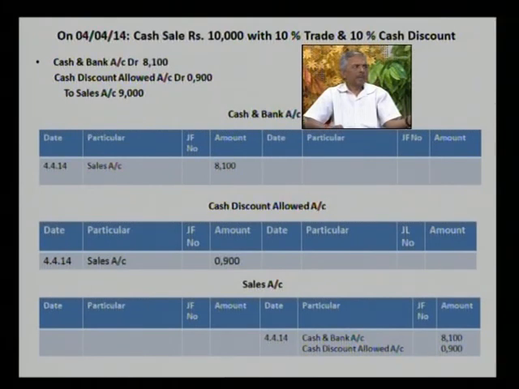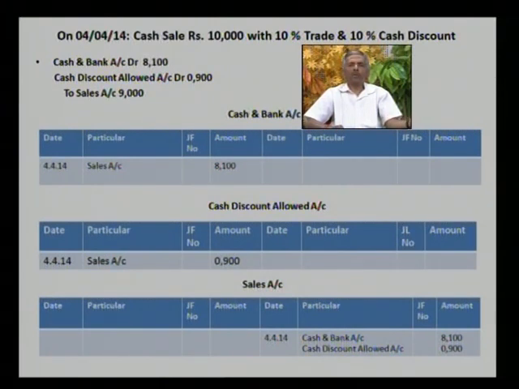The entry will be cash and bank account DR by 8,100 rupees. Cash discount allowed to the customer, 10% of the net sales worth 9,000 rupees, so it will be 900 rupees, and the net sale will be credited to the sales account by the amount of net sales. In this example it will be 9,000 rupees.